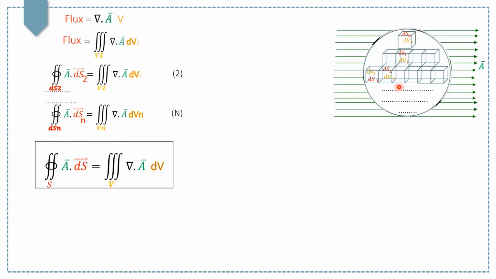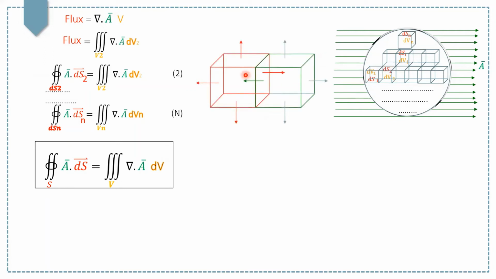But here, please note that the outer flux of each volume element is different from that of the neighboring volume element. If we focus on the first two volumes, volume 1 and volume 2, the red one shows volume 1 and the green one shows volume 2.